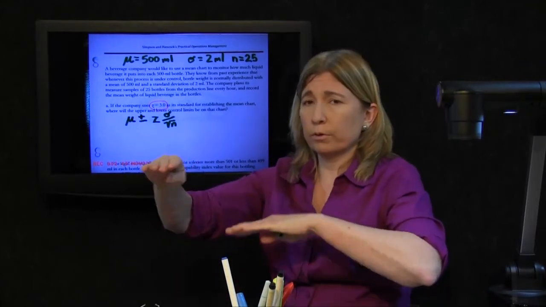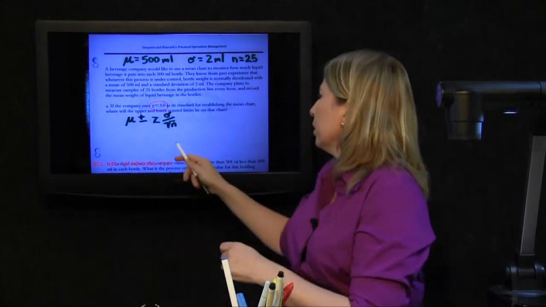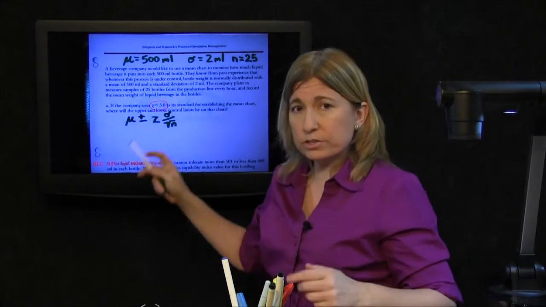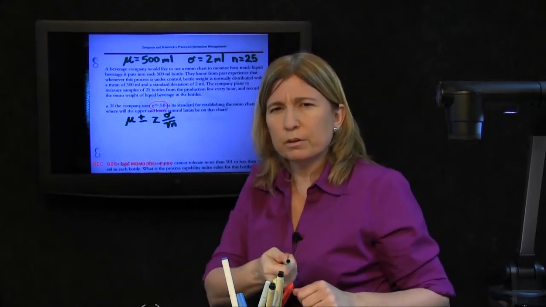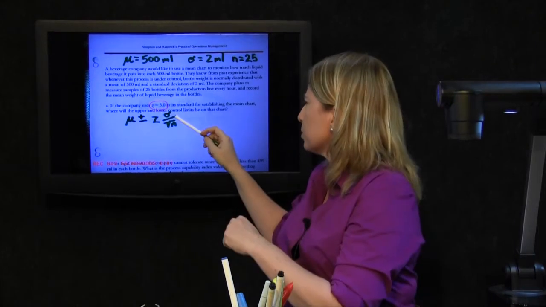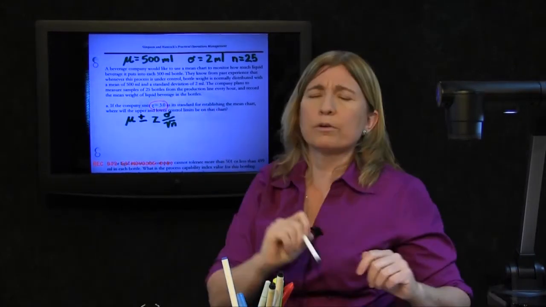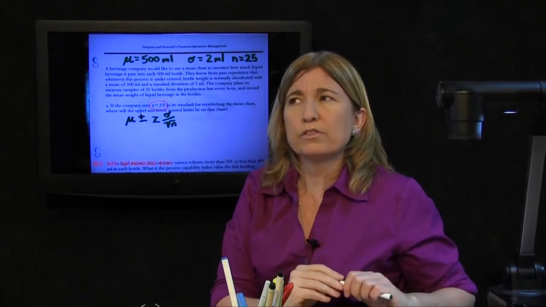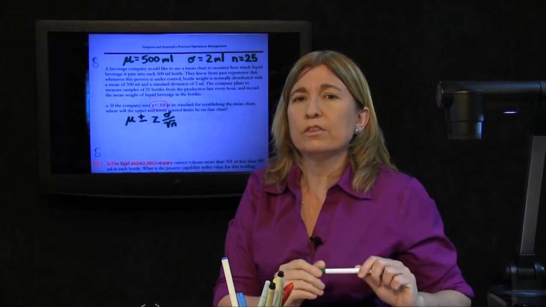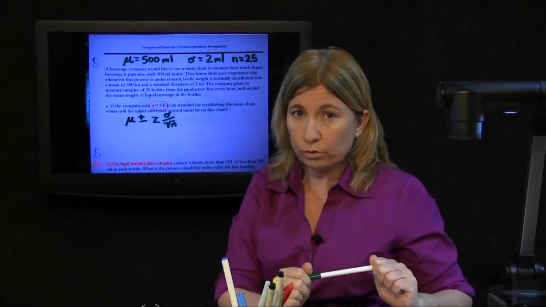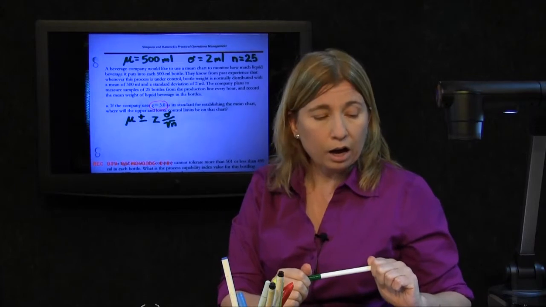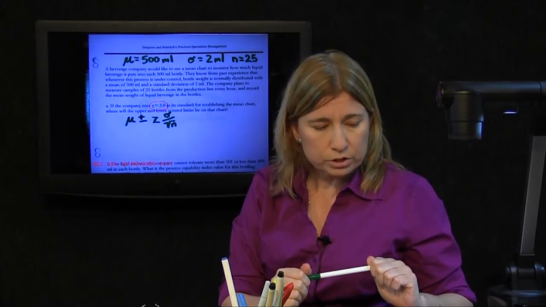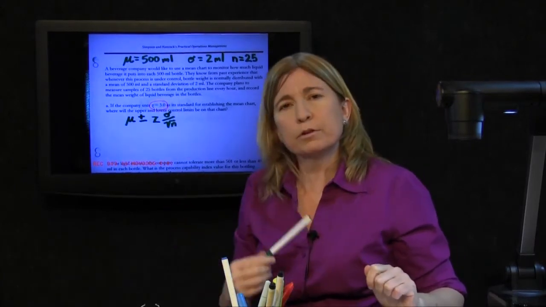They're asking where the upper and lower control limits are. The z they gave us, and the other values we found in the paragraph. This sigma divided by the square root of the sample size is the standard deviation in the sampling process, or of the sample means. We just need to fill in that formula.